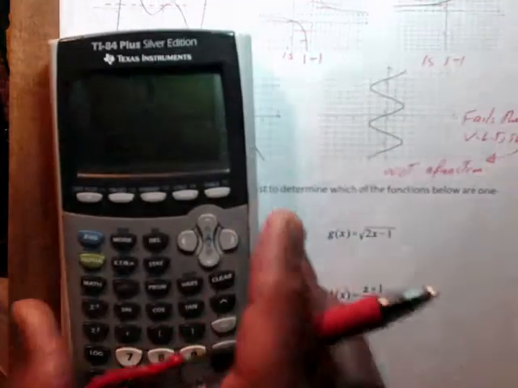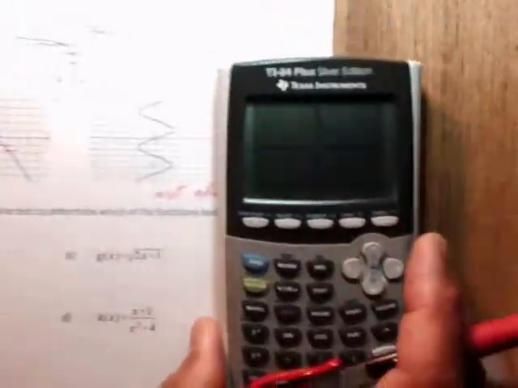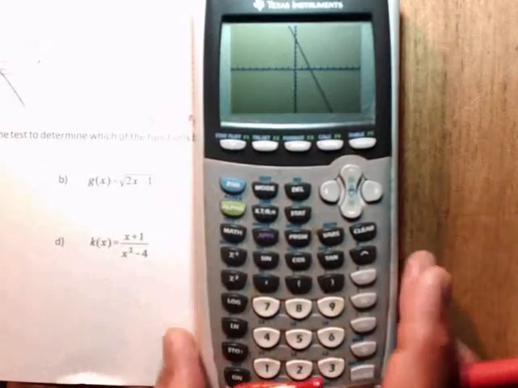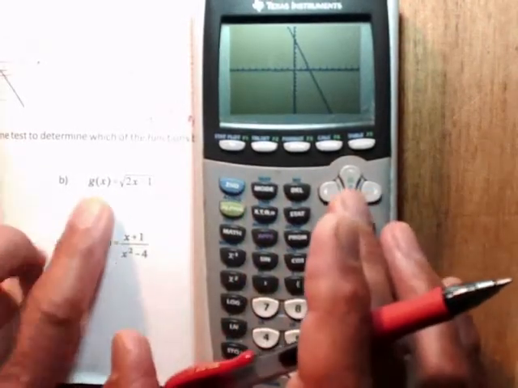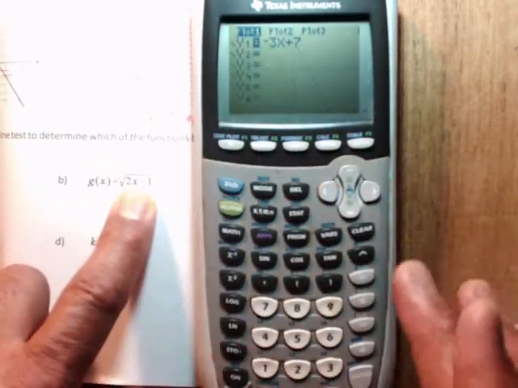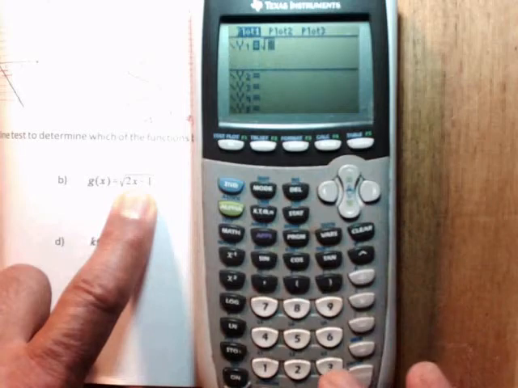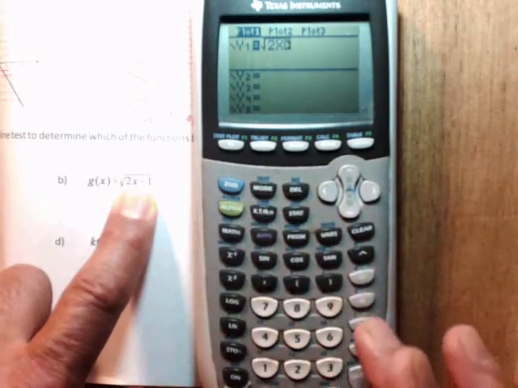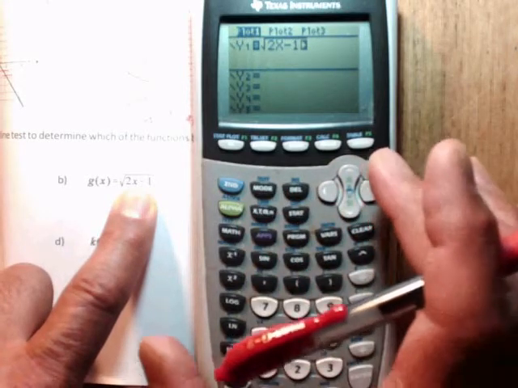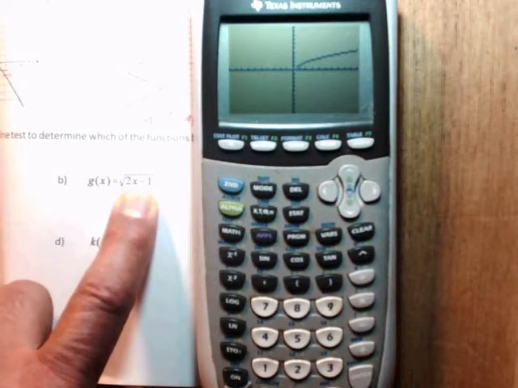B, you want to do this one? Square root of 2x minus 1. There we go. That's your graph.